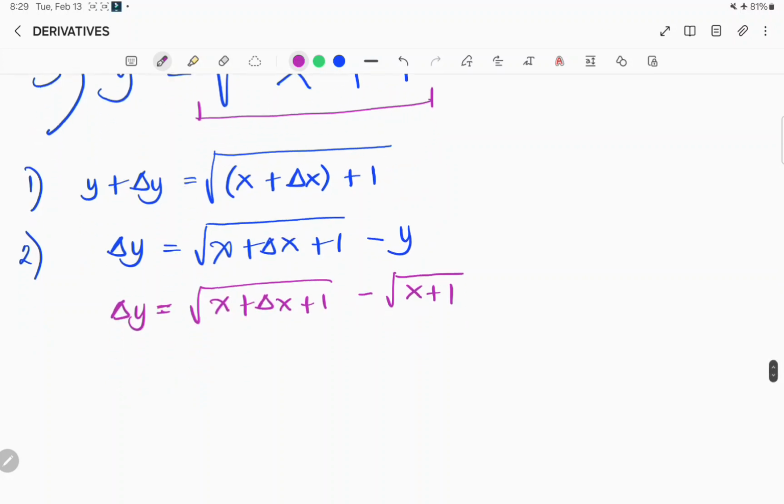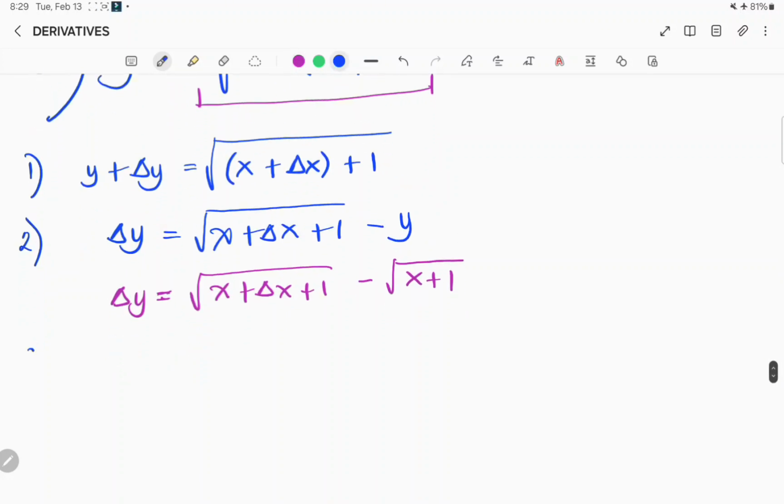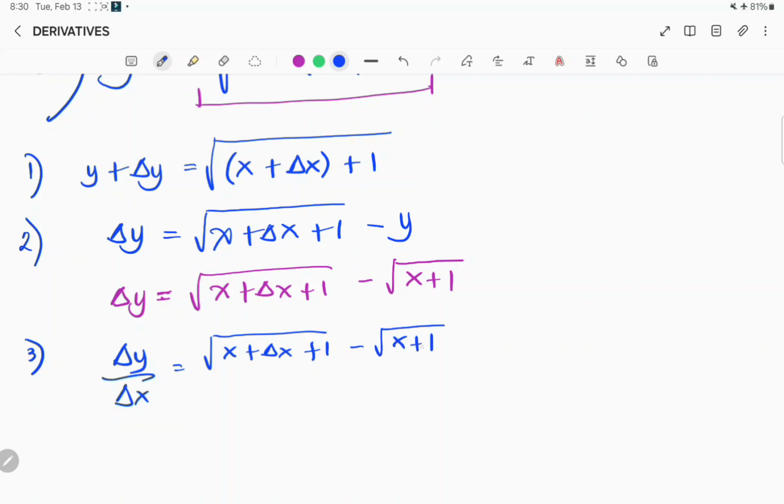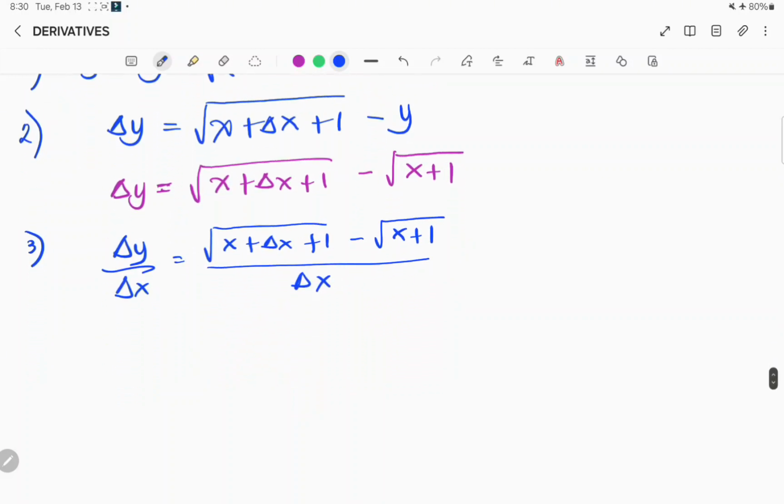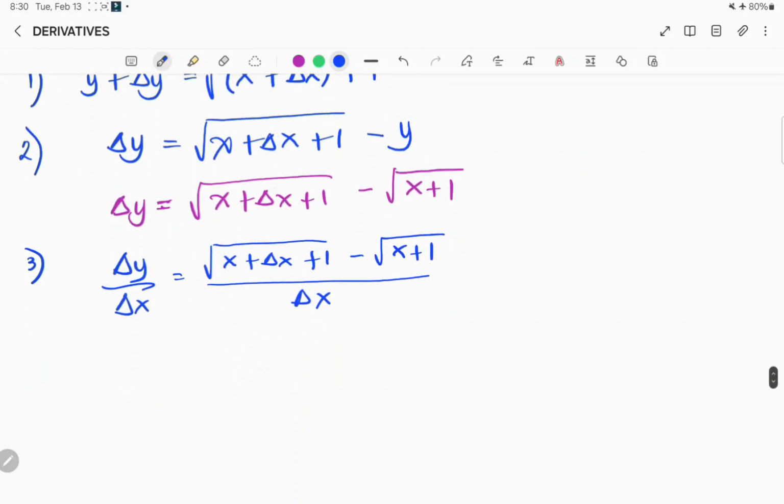Okay, so let's move on to the third step. The third step is to divide the change of y by the change of x. So we have change of y over change of x equals the square root of x plus change of x plus 1, minus the square root of x plus 1, over change of x. From our previous example, we simplify equations with radicals by taking the conjugate of the radical form.